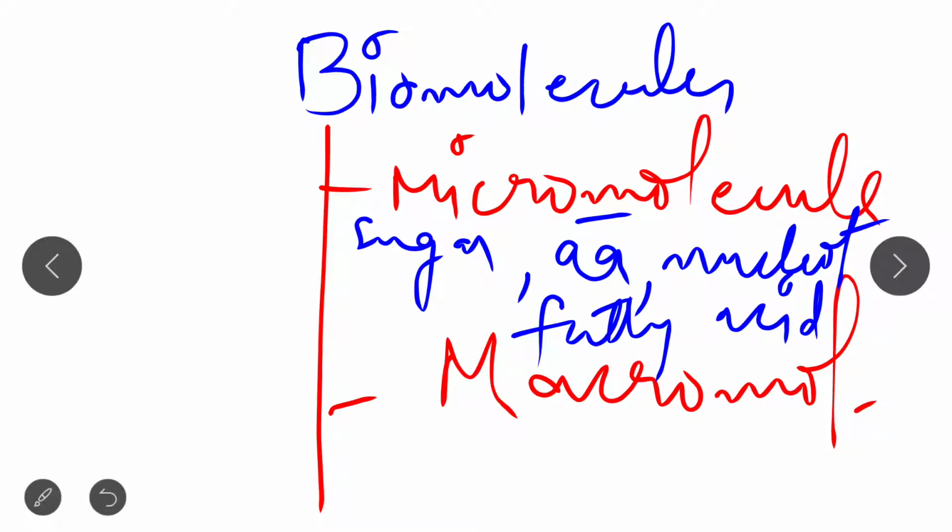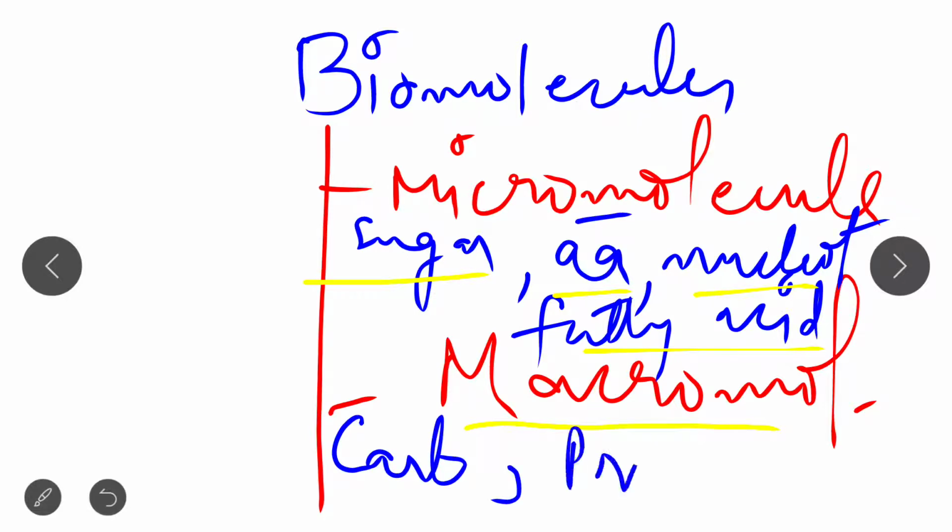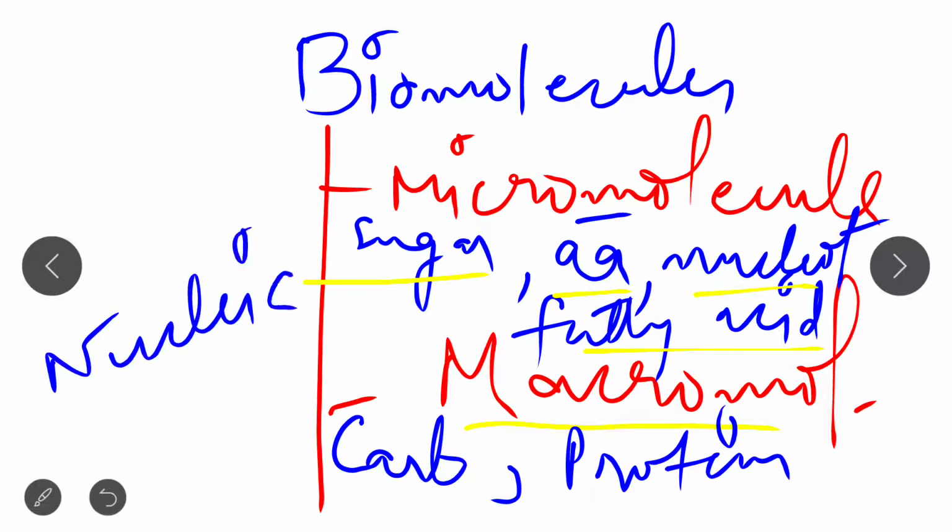And remember one point: from these micromolecules, that is sugar, amino acids, nucleotides, and fatty acids, the macromolecules are formed. For example, from sugar we get carbohydrate, from amino acids we get protein, from nucleotides we get nucleic acids, that is DNA and RNA, and from fatty acids we get lipid molecules.